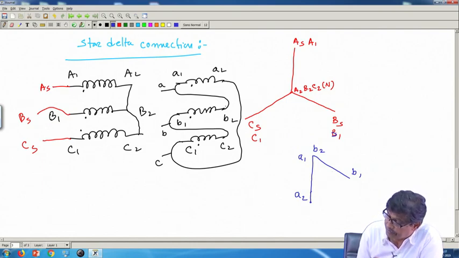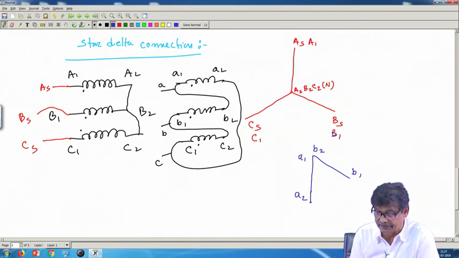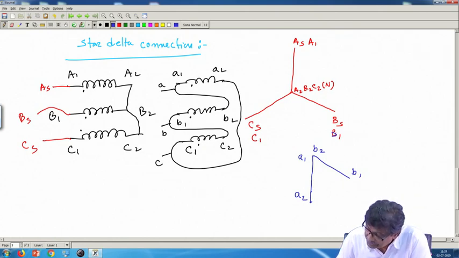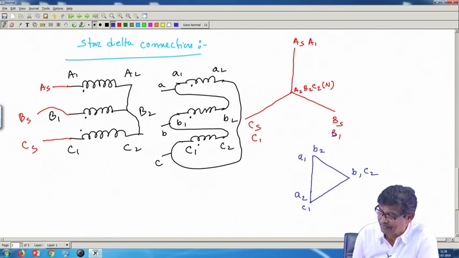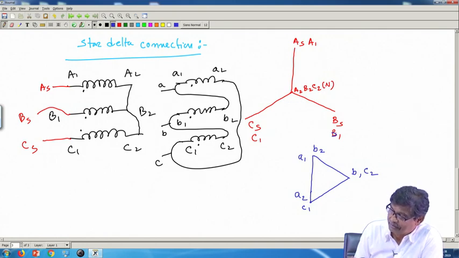So, they must be at the same potential, and then C1 C2, and C1 is joined with A2. So, it is like this, C1 C2. So, it is a valid delta connection.